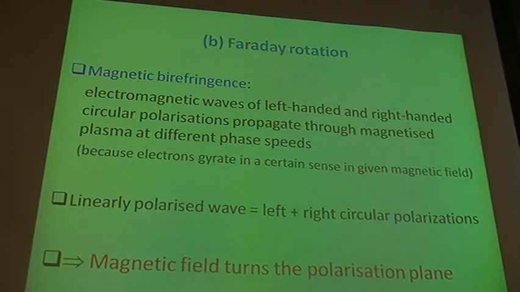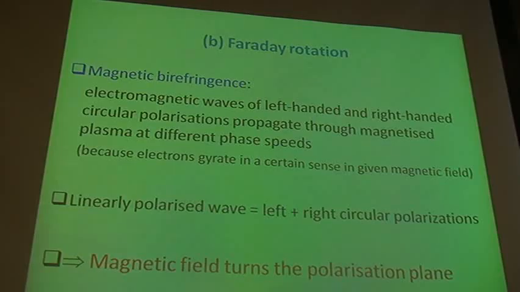Now, imagine that what enters the magnetized plasma is a linearly polarized wave. So the electric vector oscillates in a certain plane. I can always decompose uniquely any linearly polarized wave into a superposition of two circularly polarized waves with different circular polarizations. So here, this is my magnetized plasma, and my linearly polarized emission will enter with this position of polarization plane.